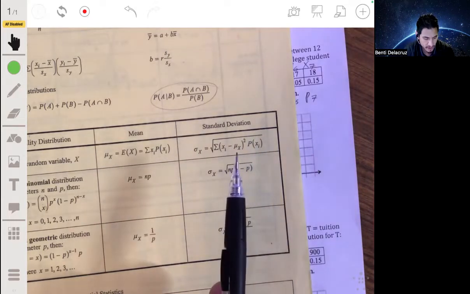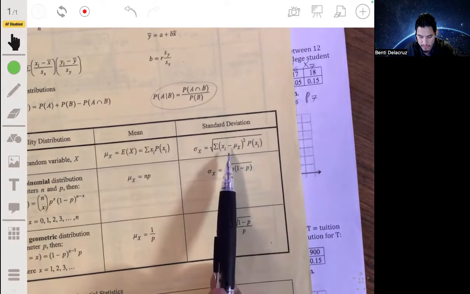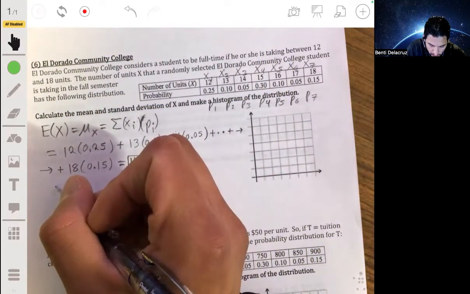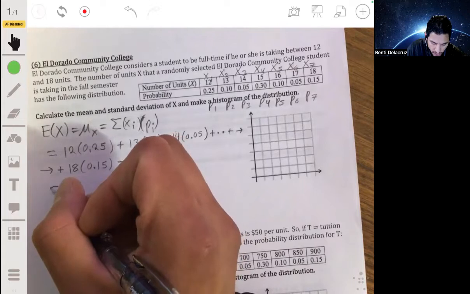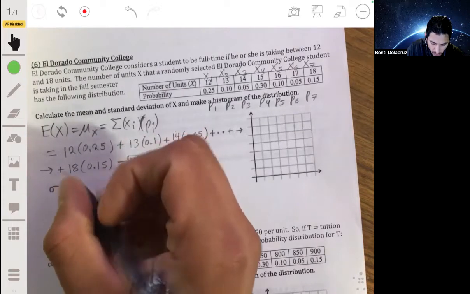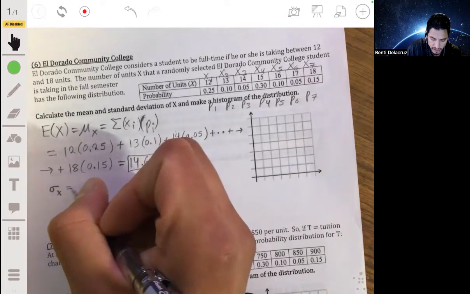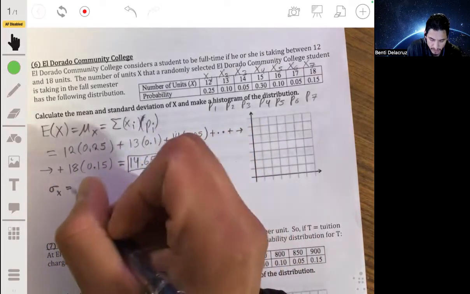First, it's important that you practice the notation. I'm going to go a little faster than I would the first time I teach this, because I covered this in the first lesson. So, standard deviation of X.